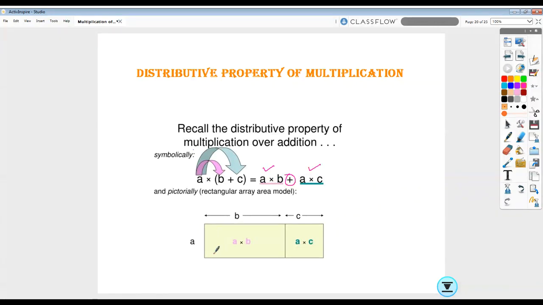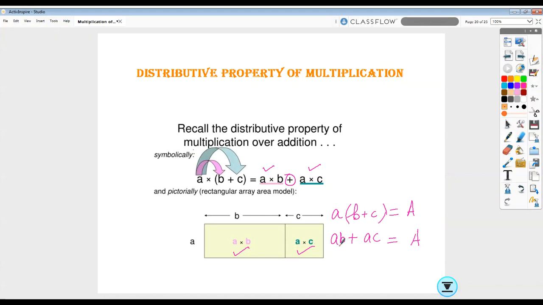As we see in this rectangular array model, the breadth of this rectangle is b plus c and the length is a. This is the area of the rectangle, which can also be obtained by adding the individual parts ab and ac.